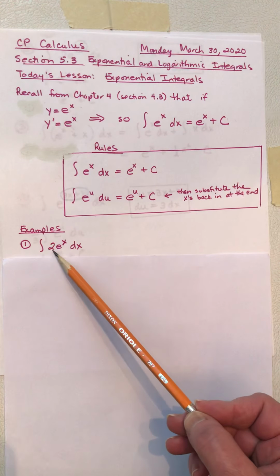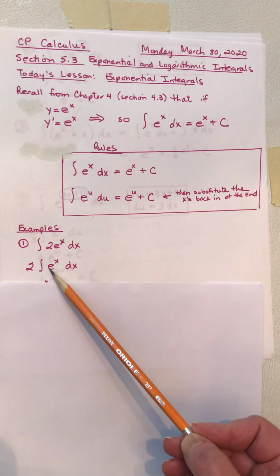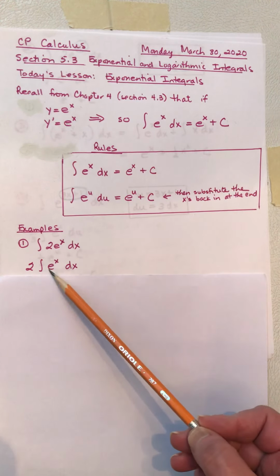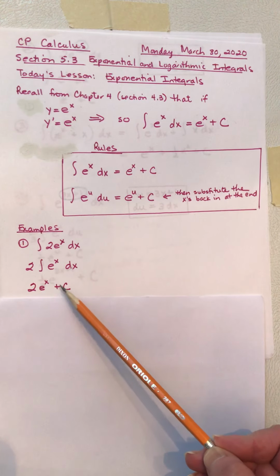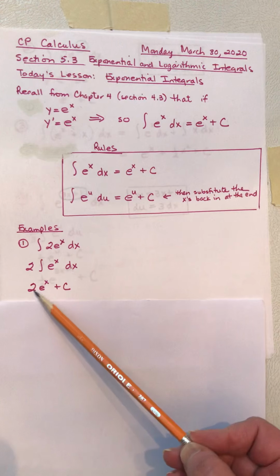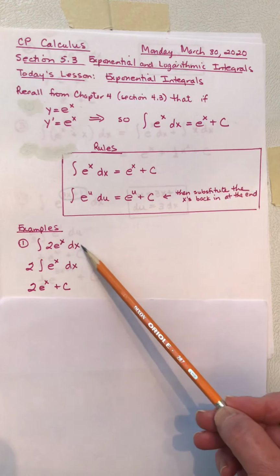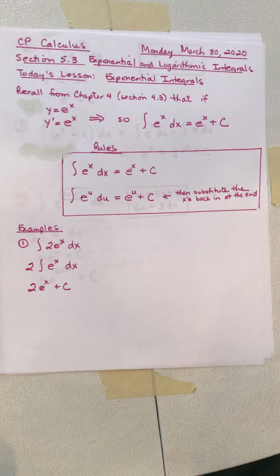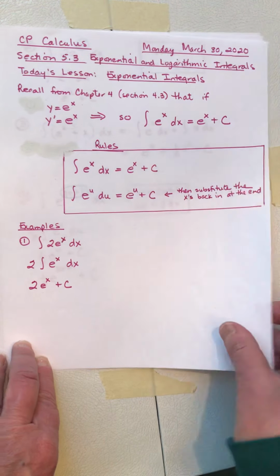We can pull the 2 in front of the integral and just integrate e to the x dx. And we know that the integral of e to the x dx is just e to the x plus our c, and then we bring the 2 down. And there you have it. The integral of 2 e to the x dx is 2 e to the x plus c. Hope that's not too bad. Let's try another couple of problems.